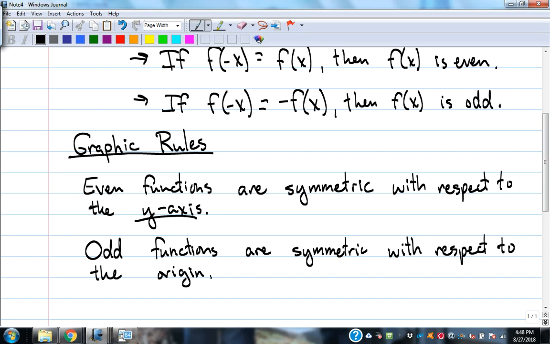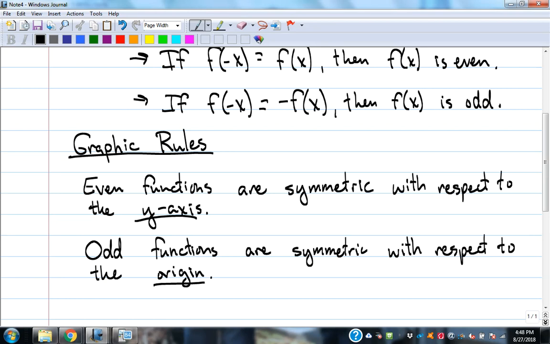All right, what's it mean to be symmetric? Something has symmetry, that means it's the same on both sides. So theoretically, my hands are symmetric, they match up, right? So if it's symmetric with the y-axis, that's the vertical. So if it's an even function, I should be able to fold the graph across the y-axis and match up perfectly.